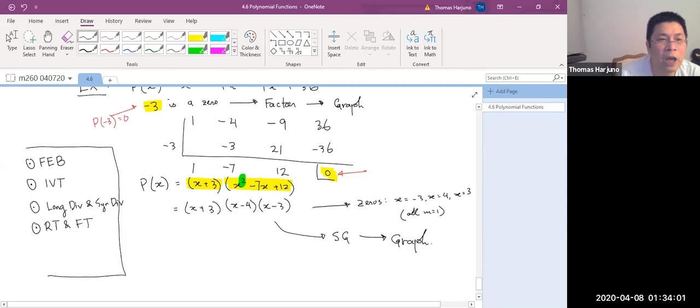Now we have more theorems to learn. The next theorem will be the fundamental theorem of algebra. That's very short, but our textbook calls that one section. After that, I will teach you the rational zero theorem.